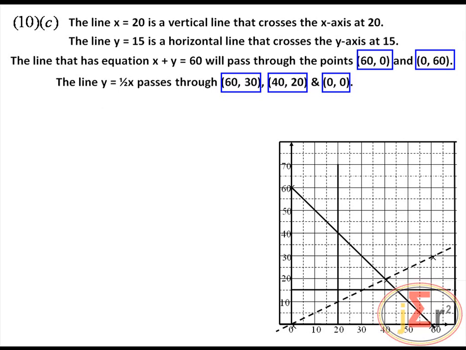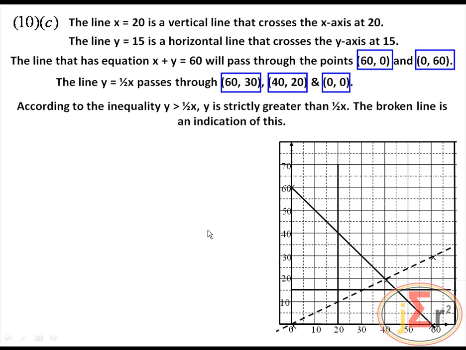So y must be greater than a half of x. According to the inequality, y is strictly greater than a half of x. The broken line is an indication of this.